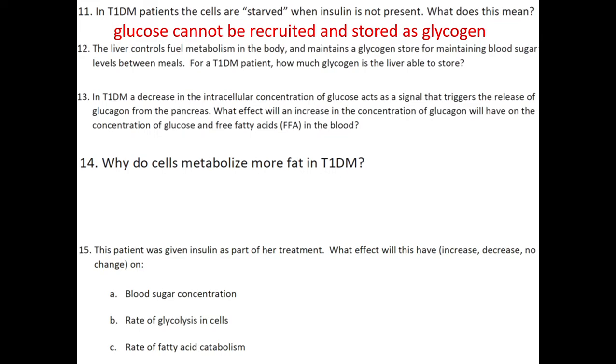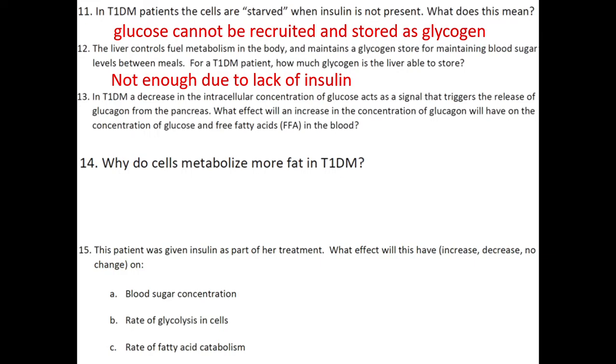Will it be the same as a normal person? No, it will not be the same, because those patients cannot produce enough insulin. So not enough due to lack of insulin. They won't have enough glycogen. And that will be a problem.